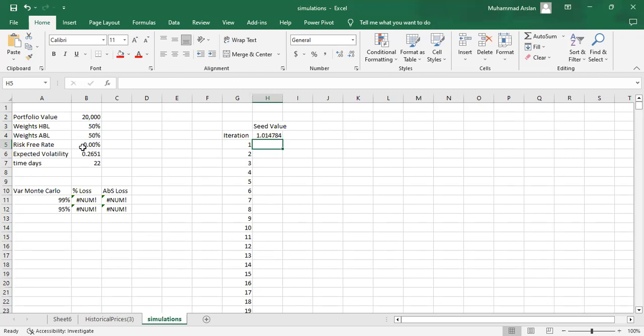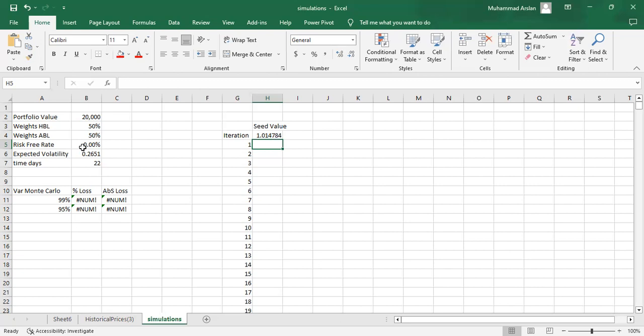Using this basic information, we are going to use the Monte Carlo simulation approach to generate random iterations, and then using that random array to compute the value at risk.